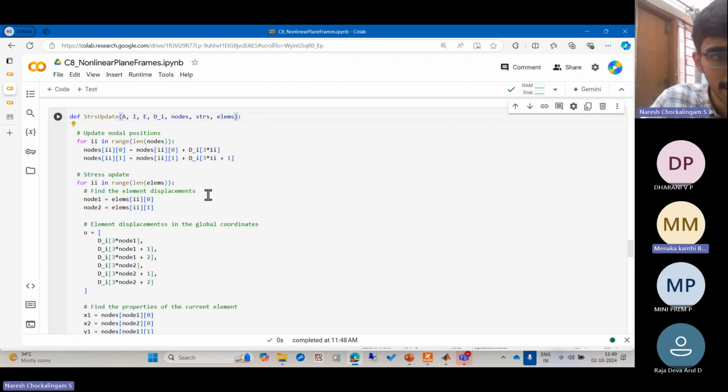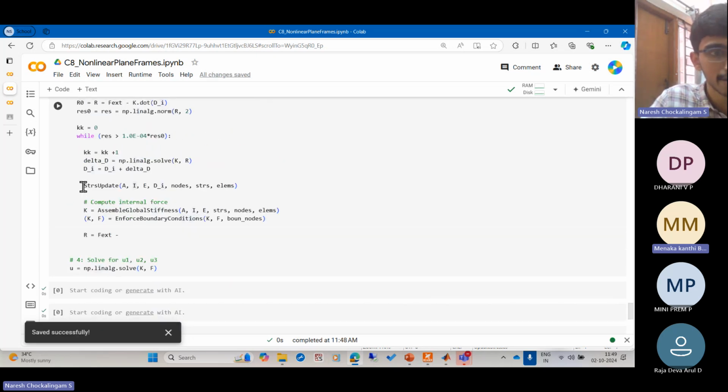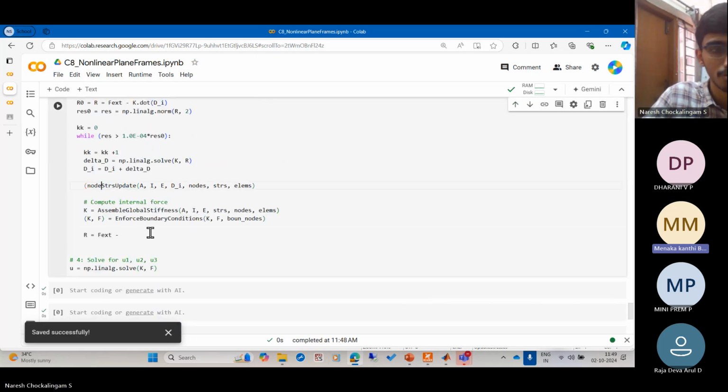Cross section, material, and then the updates. That's fine. Okay, so this stress update has to return what? It has to return nodes and stress. Okay, so once we get the stress, again assemble the global stiffness. This stress will get in. Find this thing, enforce, then find the residual.